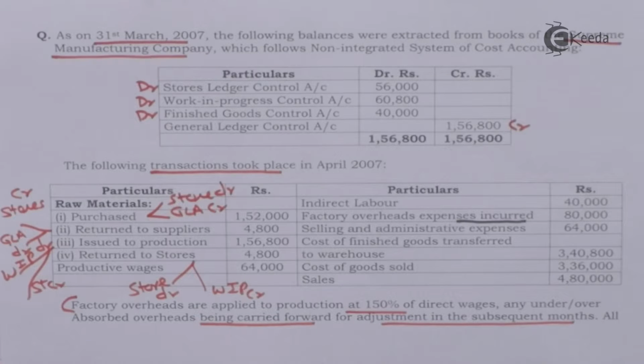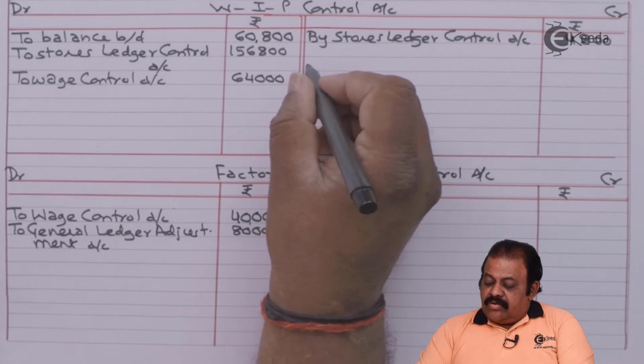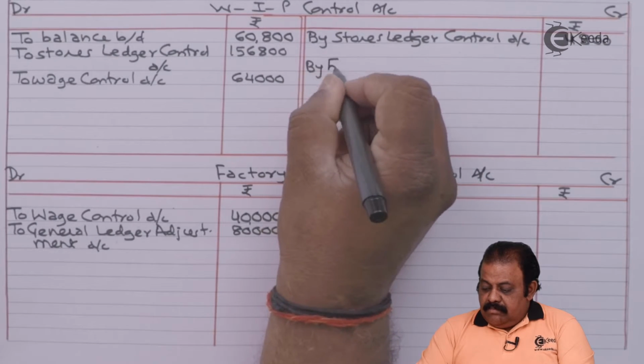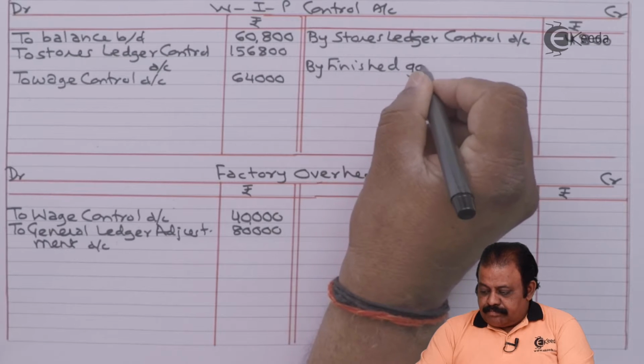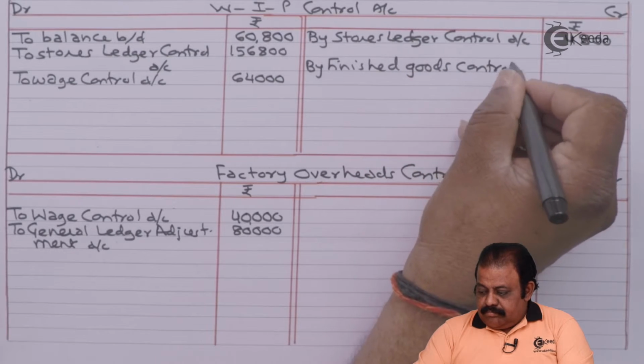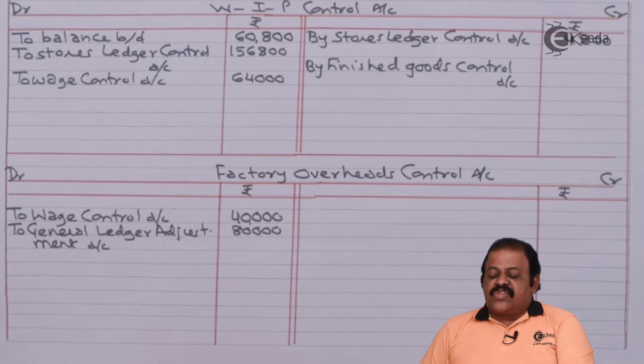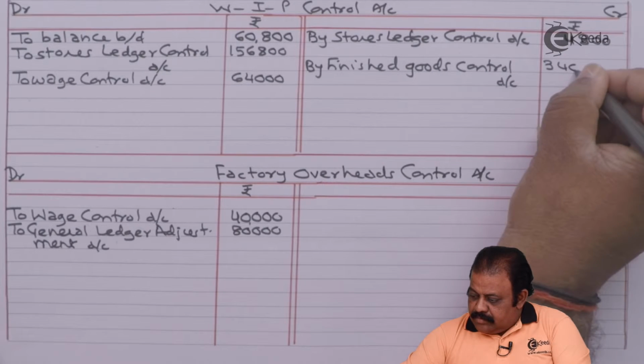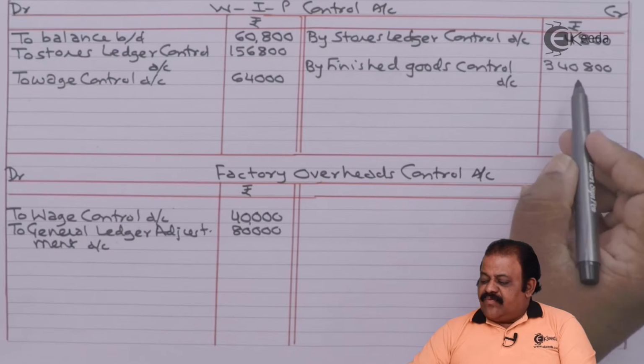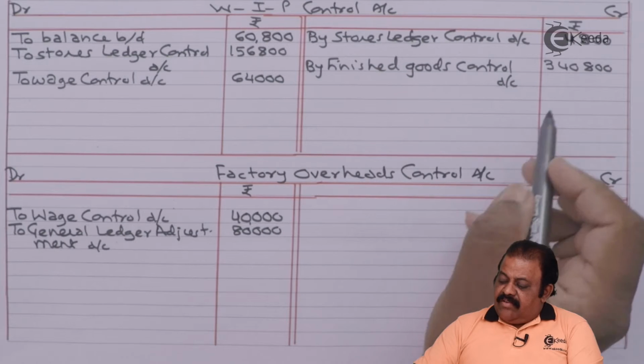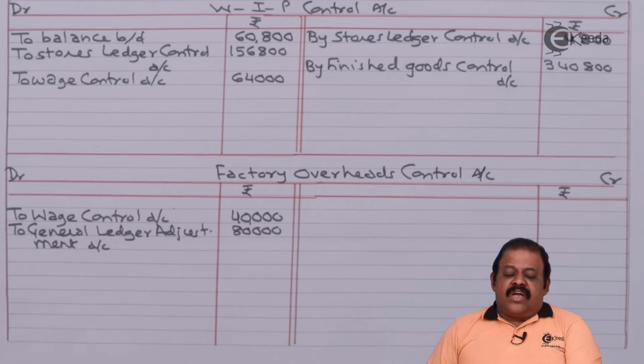This will be credited to work in progress account and debited to finished goods account. Work in progress control account credit by finished goods control account 3,40,800.